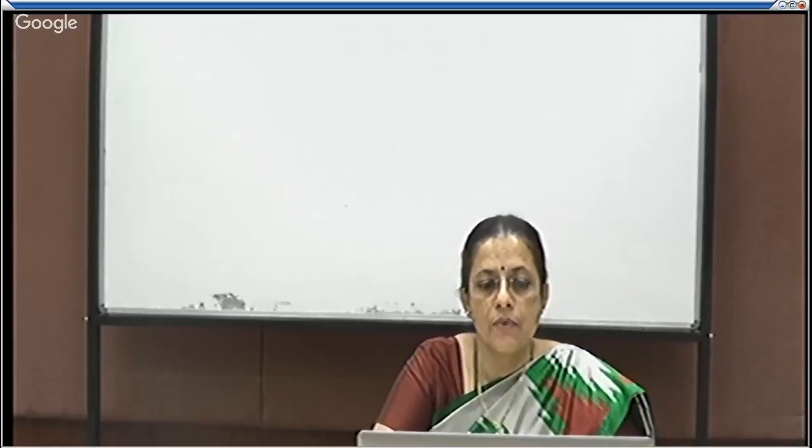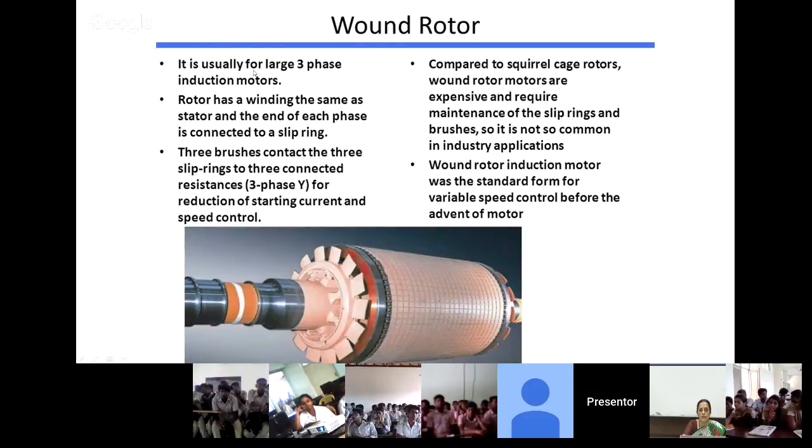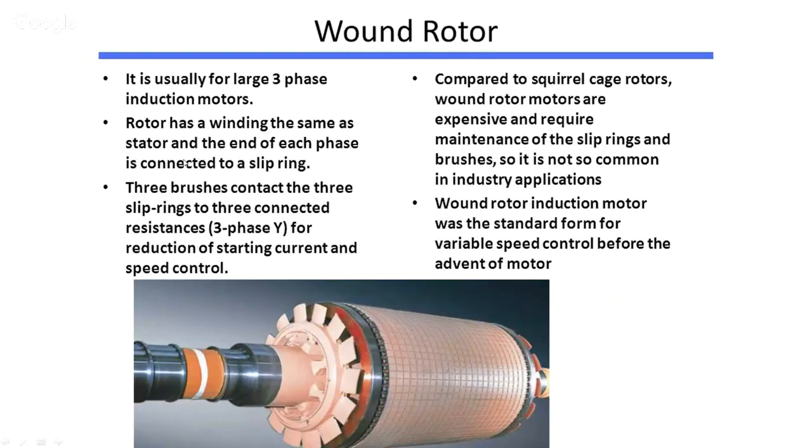So this is the wound rotor. It is usually used for large three-phase induction motors. The rotor has a winding same as the stator, and the end of each phase is connected to a slip ring. 3 brushes contact the 3 slip rings to 3 connected resistances for reduction of starting current and for speed control.